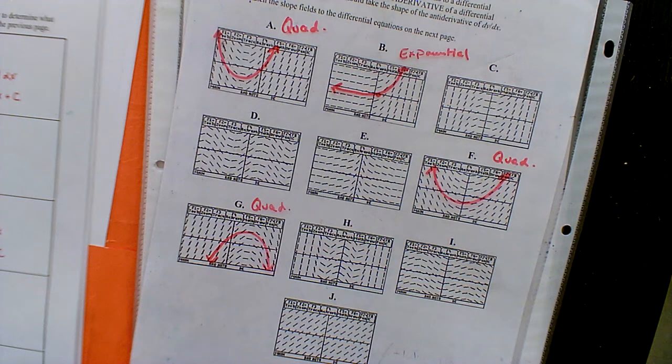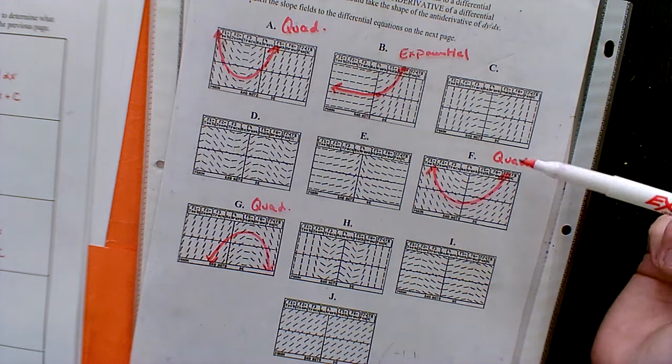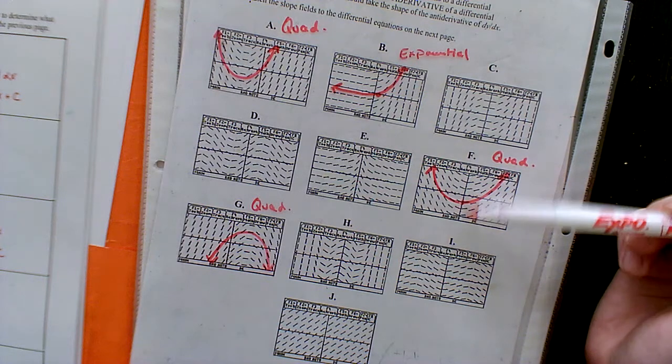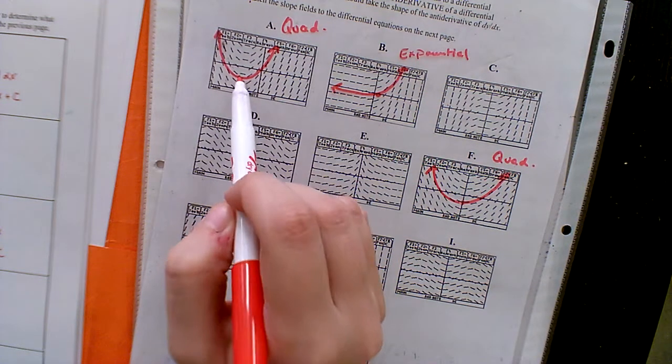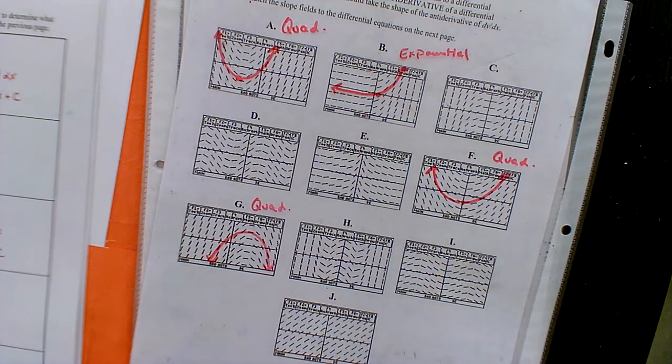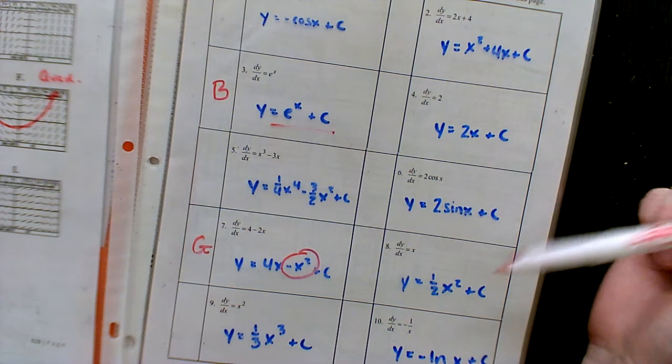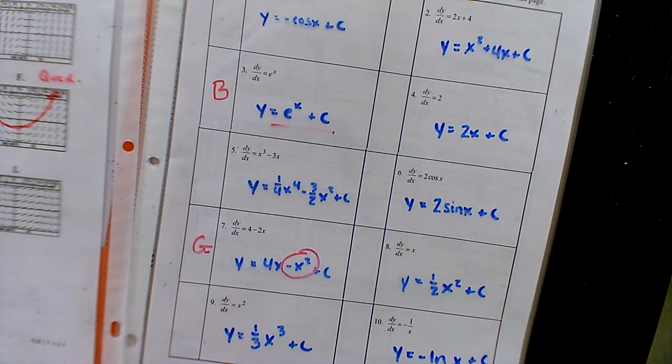But when you analyze them more closely, it looks like F has the minimum on the y-axis, where A had the minimum shifted a little to the left. Our only other options were 2 and 8. Which one would produce a parabola on the y-axis? Which one would produce a parabola that was shifted a little bit?